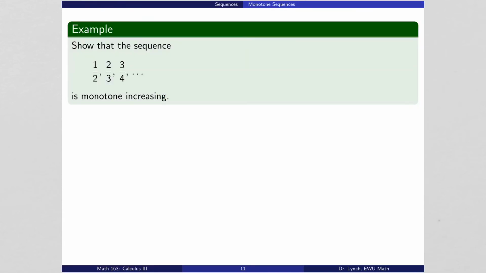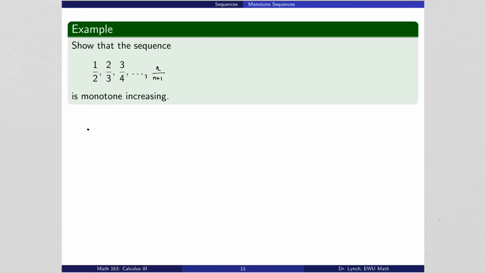So here's an example of a sequence we've looked at before. This is a sequence where the nth term is given by n over n plus 1. And we can see that this is monotone increasing in a few different ways, so we'll run through those individually.